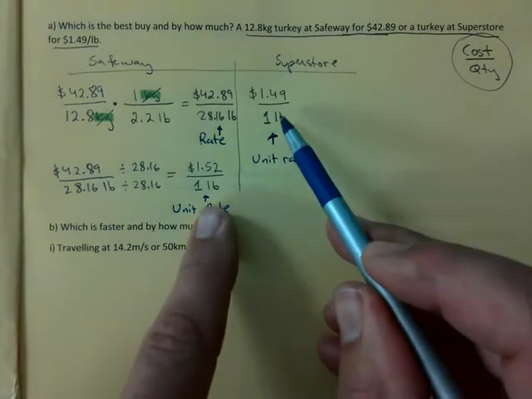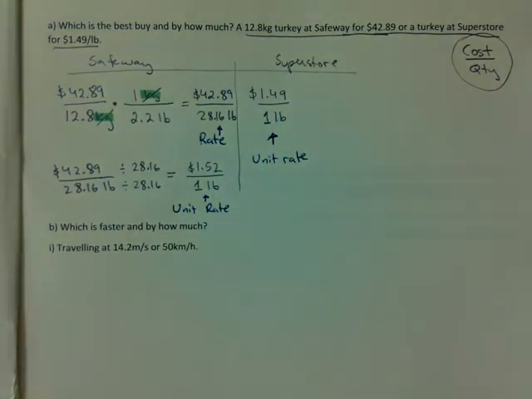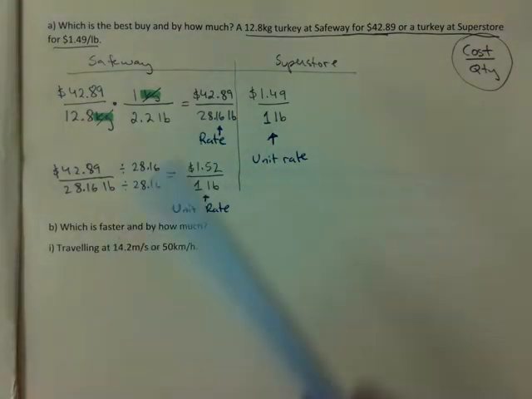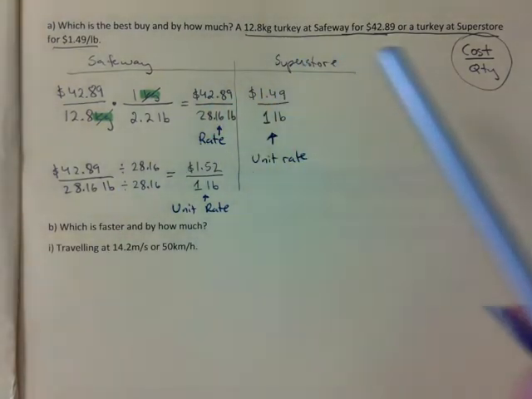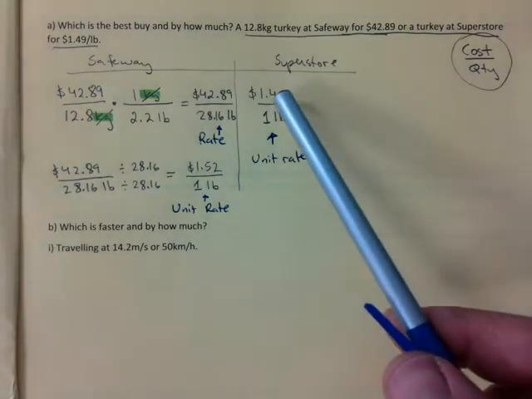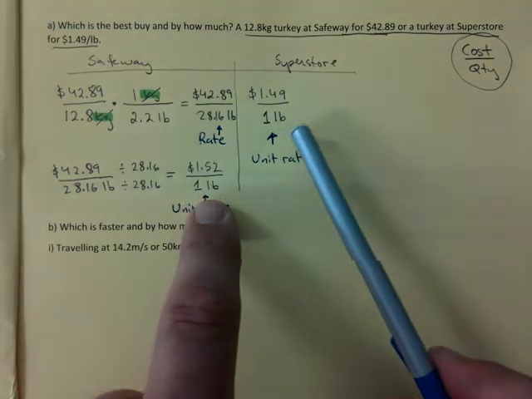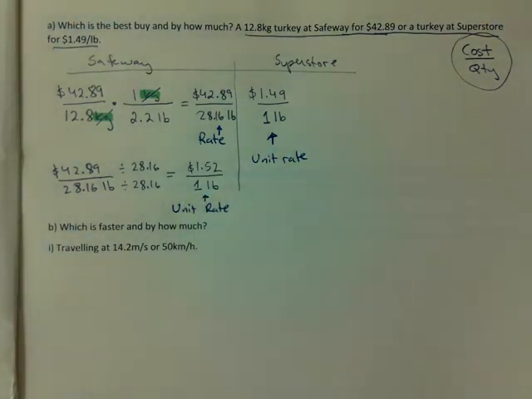And it's the unit rates that you use to make a decision. Don't stop here. Some students would maybe stop there and say, oh, obviously Superstore is cheaper because look, it's $1.49 versus 42. No, you've got to have them both in the same amount of weight that we're comparing here.